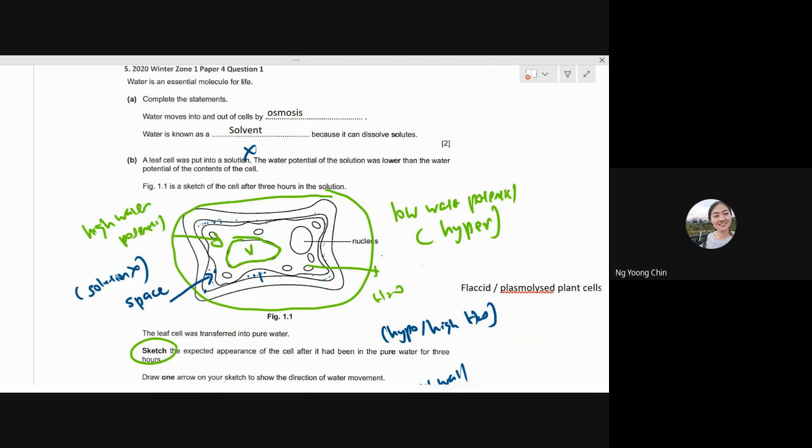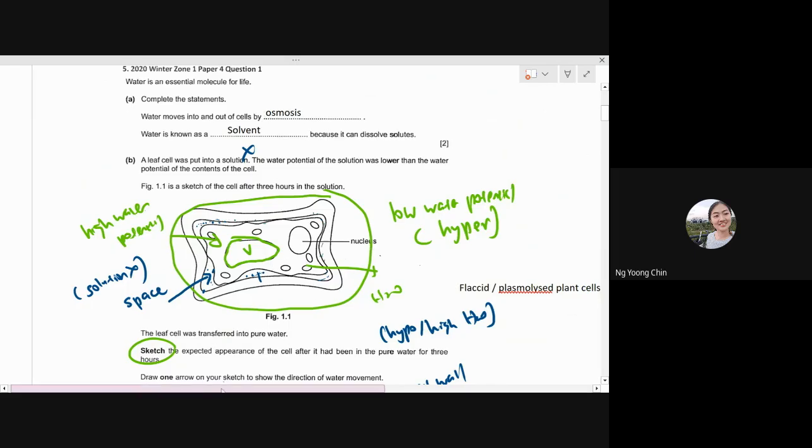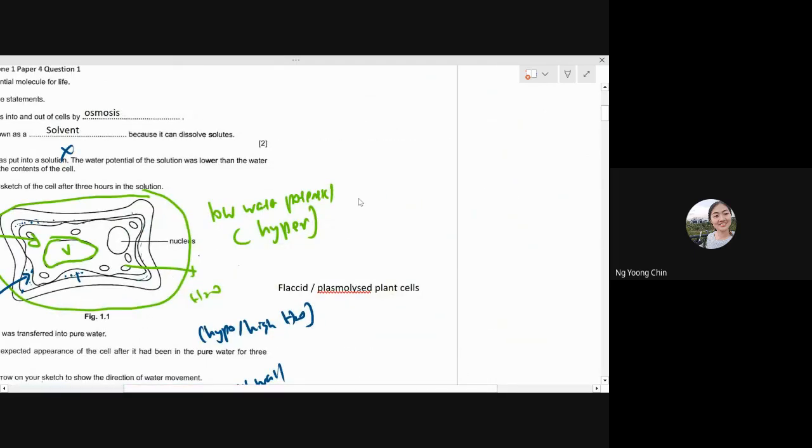Okay, so you should know the characteristics of the cell membrane and the cell wall. You can write it down. Cell wall, I ask you, Ethan Suyang, tell me, is the cell wall semi-permeable or fully permeable? Which one?